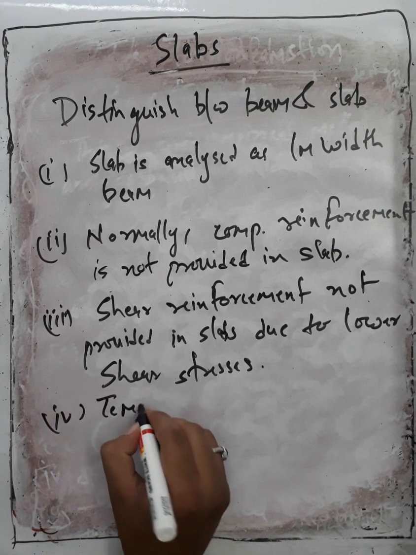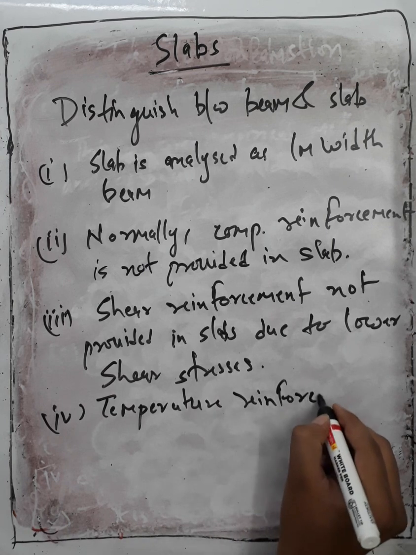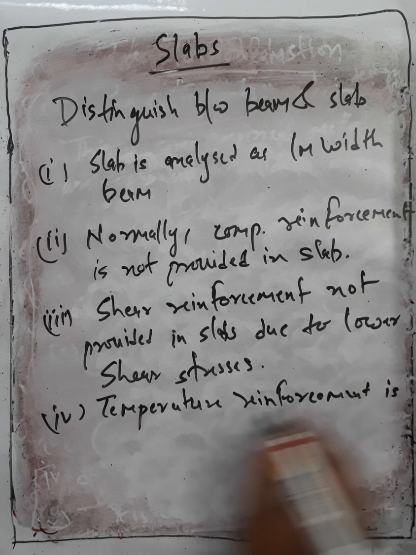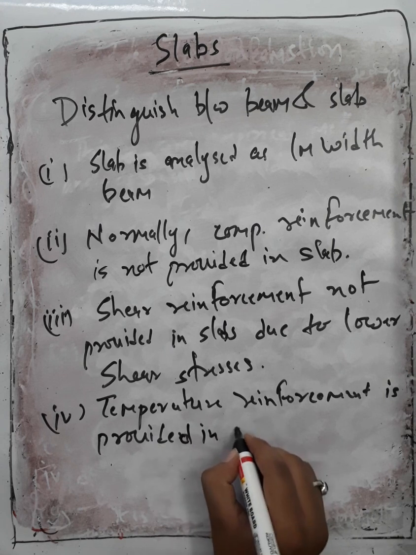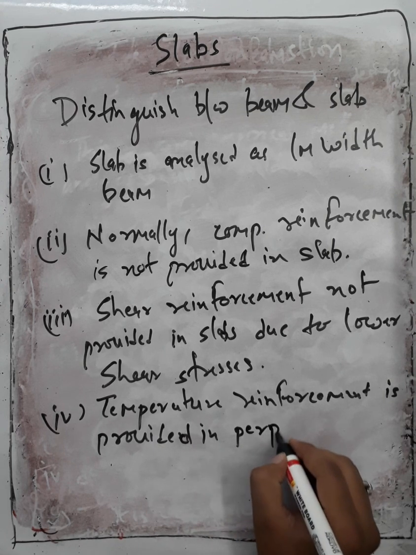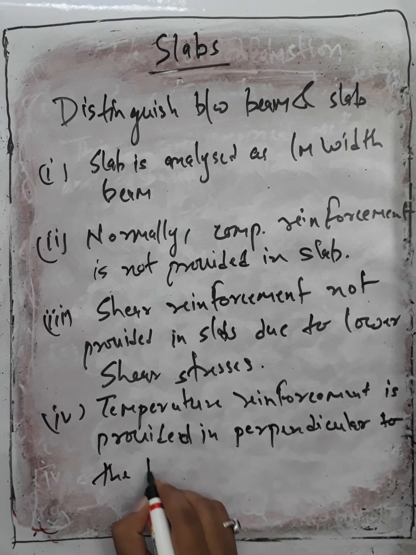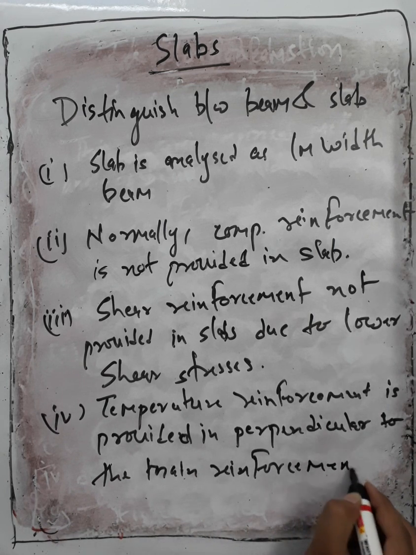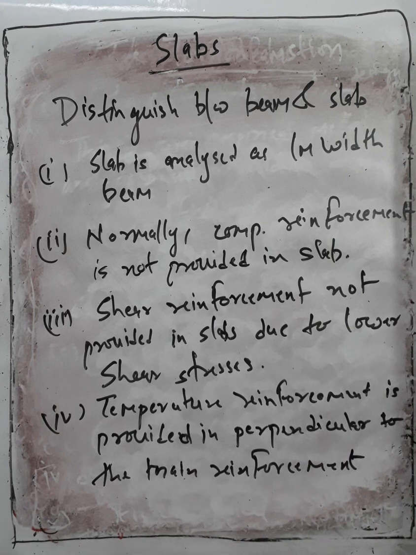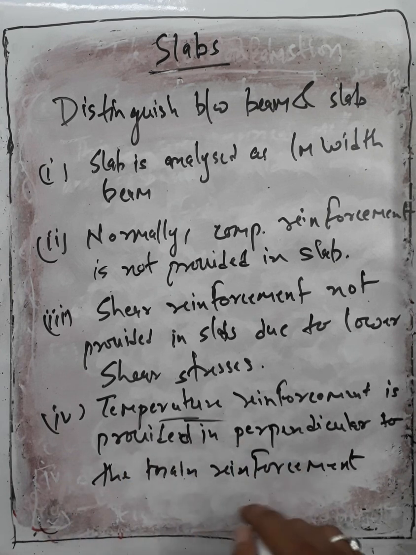The fourth one is temperature reinforcement, meaning secondary reinforcement. Temperature reinforcement is provided perpendicular to the main reinforcement. In a beam we provide secondary reinforcement as a holding part only, but here in a slab we provide it as temperature reinforcement, and it is perpendicular to the main reinforcement.